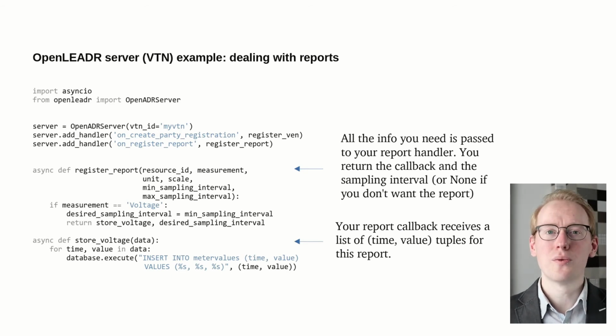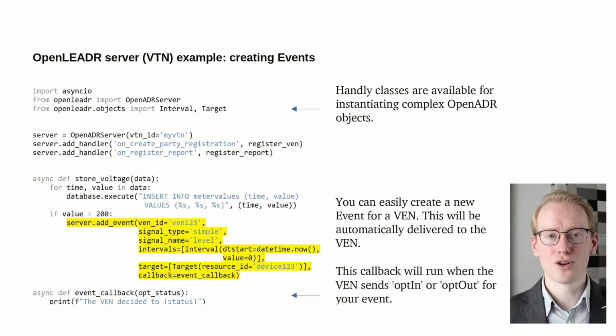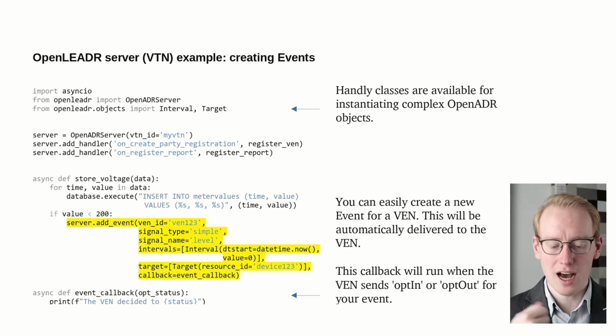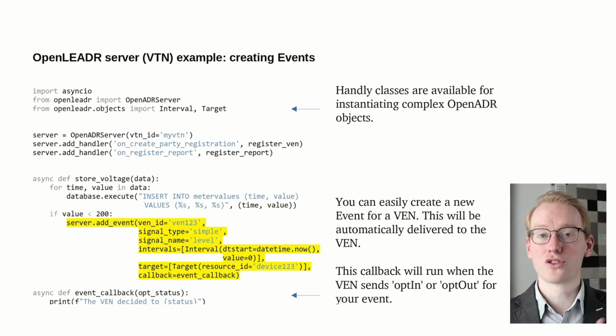Now that we received the reports, you probably want to send out some events, and that couldn't be easier as well. The only thing you need to do is call server.addEvent. Add your event details in there, so for which VEN is this event meant, and what type and name of the signal, and what are the intervals that you're going to give it, and what is the target of your event.